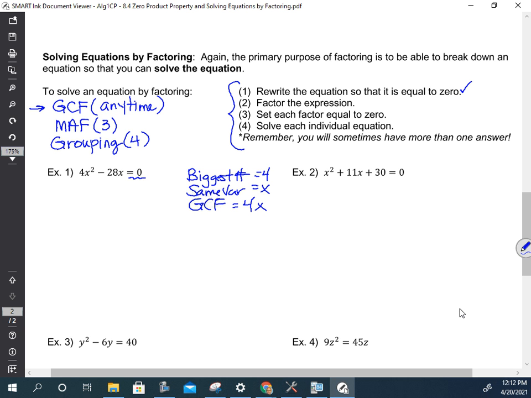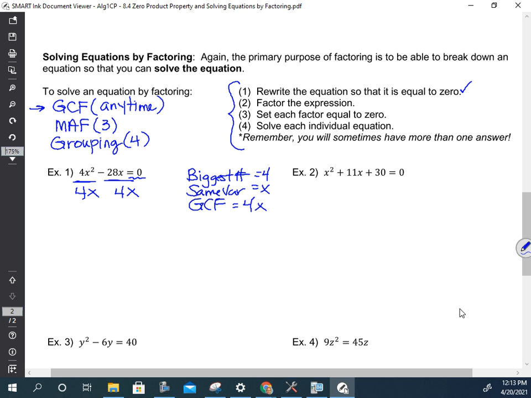So the short way to write the greatest common factor is just to show that you divided it out. You don't have to write this part. You just show me that you divided it. Shortcut: divided by 4x. So 4 divided by 4 is 1.